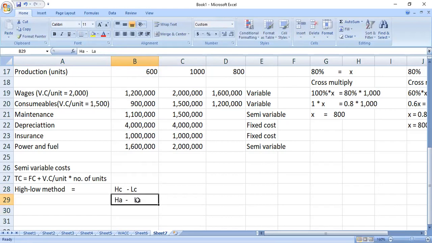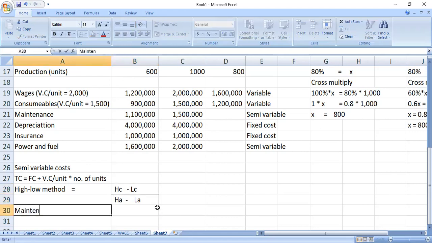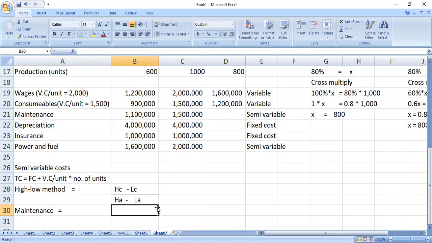It's rather the activity at high cost minus the activity at low cost. That's what I'm trying to put across. Okay, so we substitute there for maintenance. Saying for maintenance, what's the high cost? Okay, by doing this, by the way, you're trying to get the variable cost.